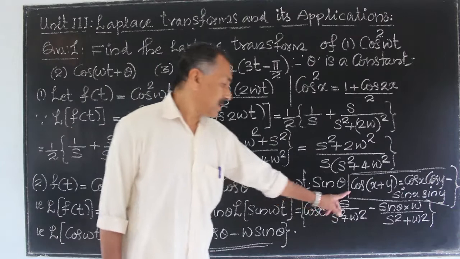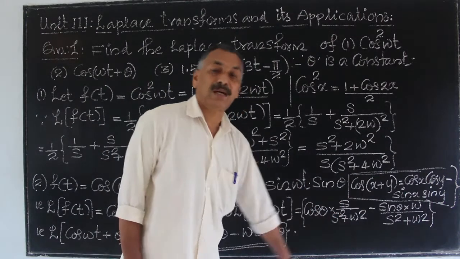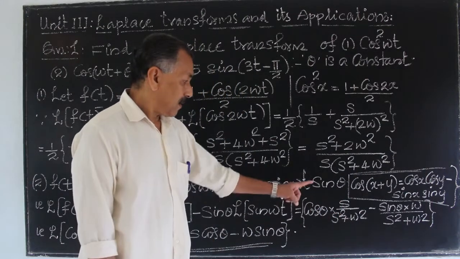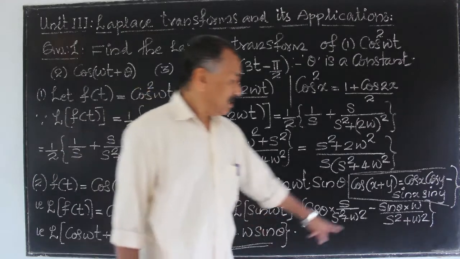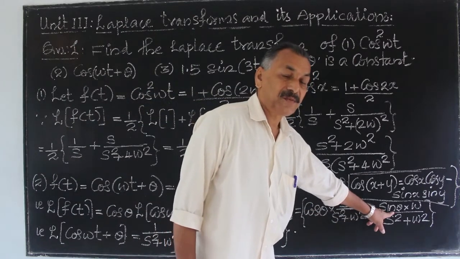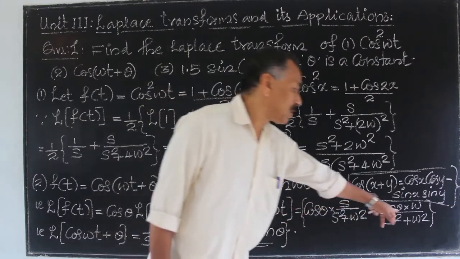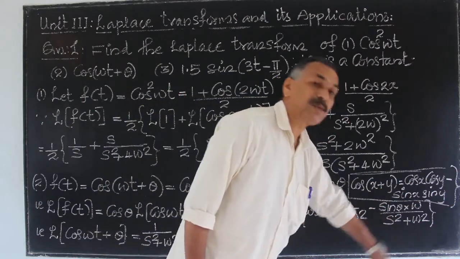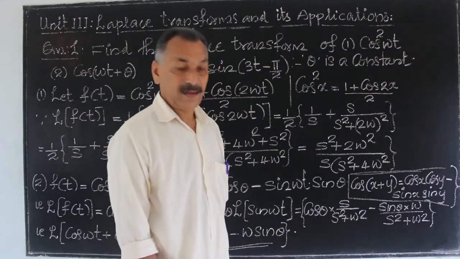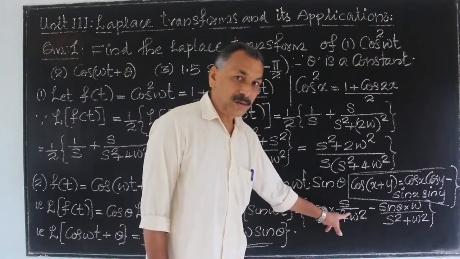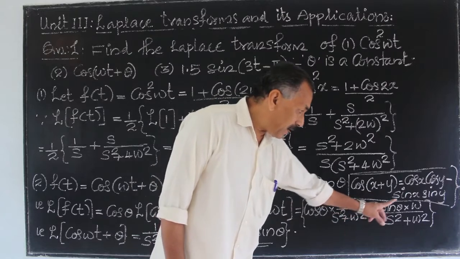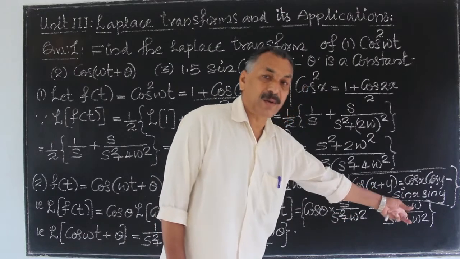Cos omega t is equal to s divided by s square plus omega square, minus sin theta into sin omega t. Laplace transform of sin omega t is equal to omega divided by s square plus omega square. Okay? Cos theta into L of cos omega t minus sin theta into L of sin omega t.